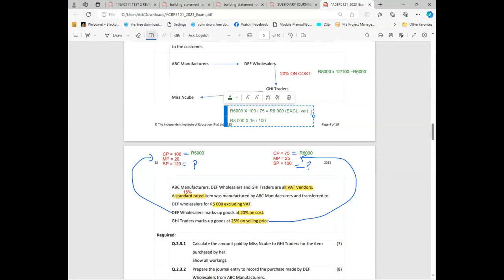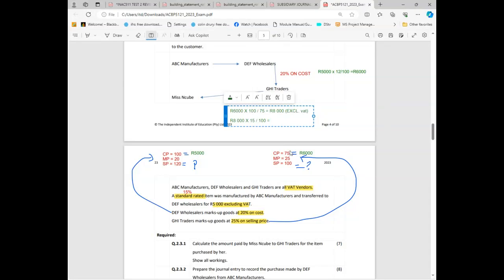If you say 15 over 115, it means the amount that you are using to calculate that VAT is including VAT. Do you see including VAT here? Maybe you're going somewhere. Just calculate and tell me what you think.